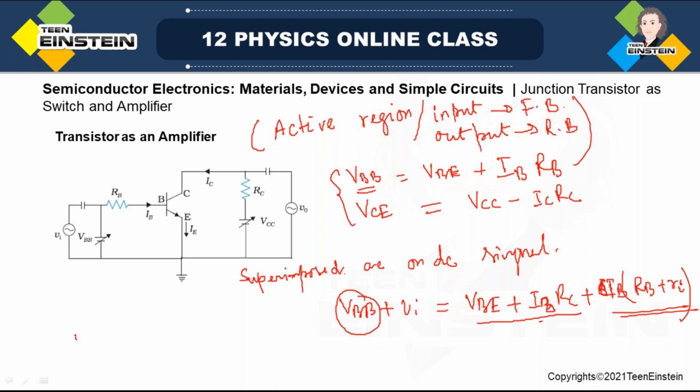So I can write, if my AC is this one, this corresponds to delta IB times (Ri plus RB). I hope this is clear to you. This change will happen due to this AC signal.